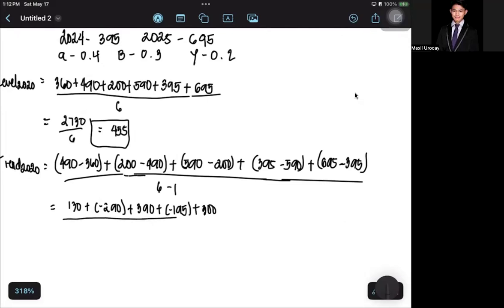Adding these, 130 minus 290 plus 390 minus 195 plus 300 gives 335, divided by 5, which is 67. So this is the trend of 2020.